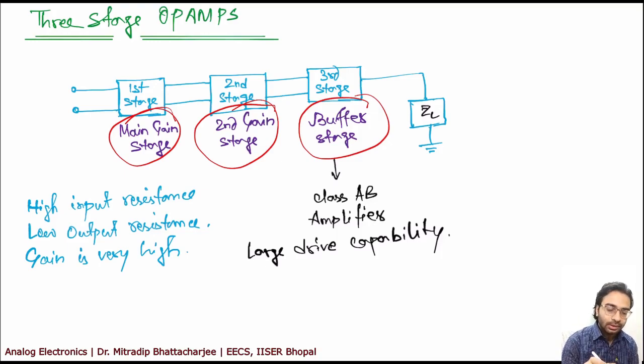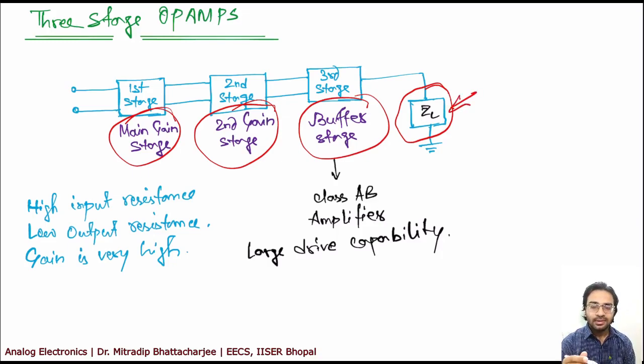Your requirement for output current is generally higher, because if you replace this with a capacitance and the output current is higher, it will charge faster, right? Which also helps in improving the speed of your circuit. So if your impedance is very large, then you also need higher current. This is one of the requirements in the case of an op-amp.